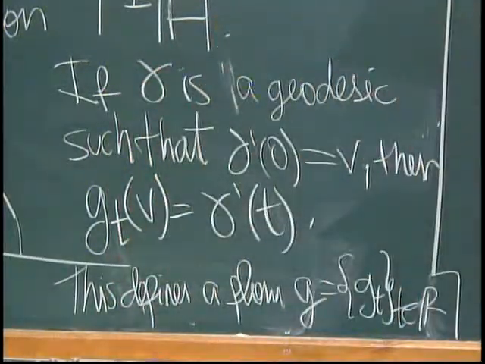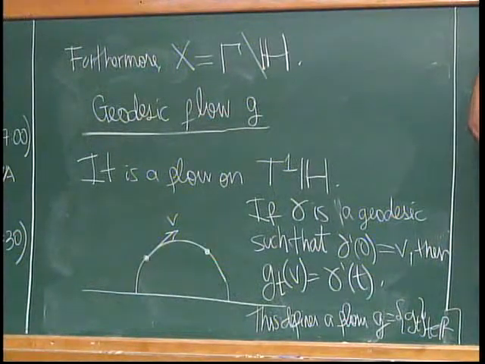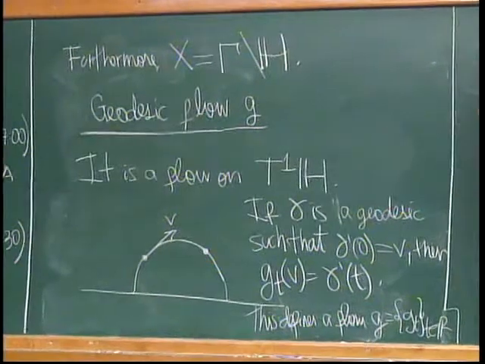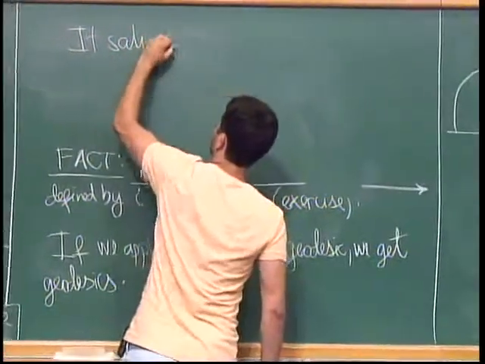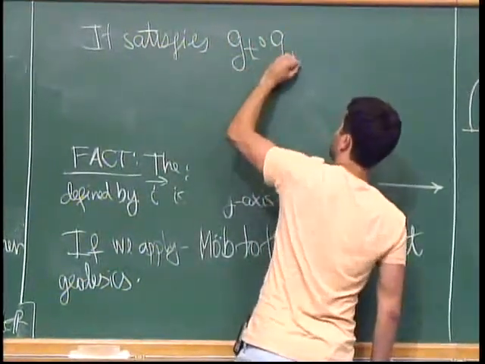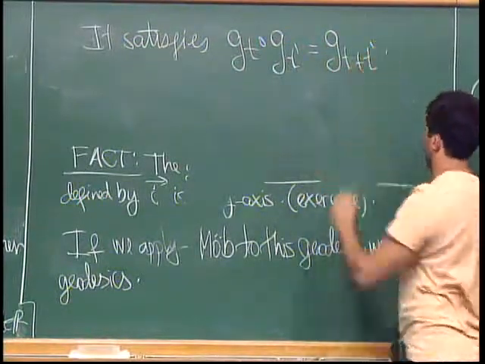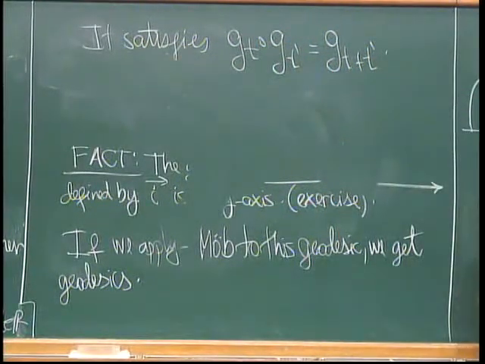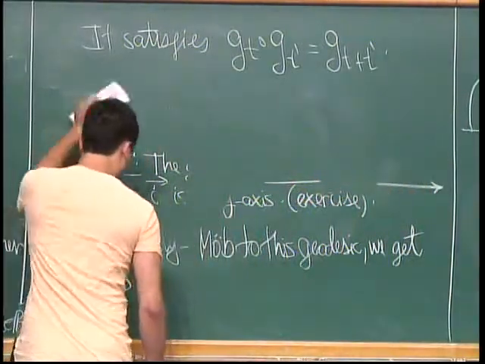It is a flow in the sense that if you compose two such maps, you just sum the parameters and you get the composition. Okay? It is a flow like this. Okay.